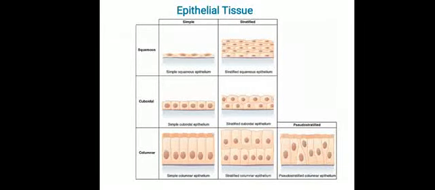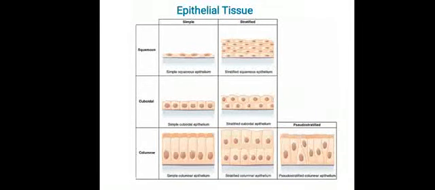Simple epithelial tissue belongs to the category of tissues that have just a single layer of cells. Cells come together to form a single layer, so we see them as simple epithelial tissue.